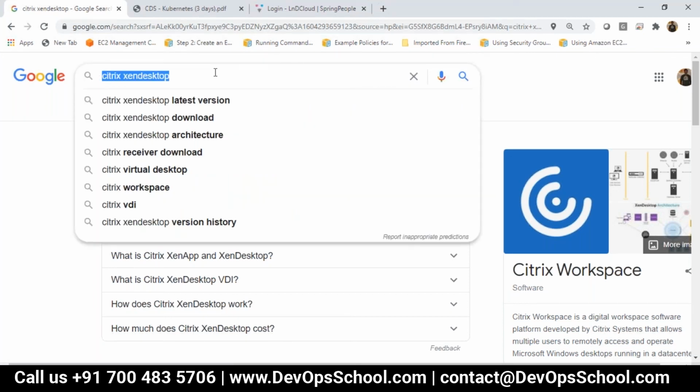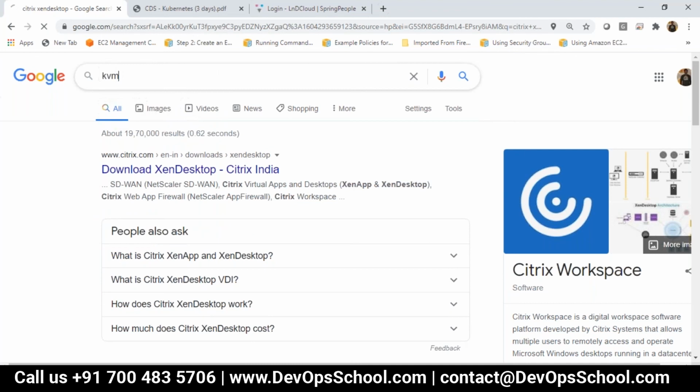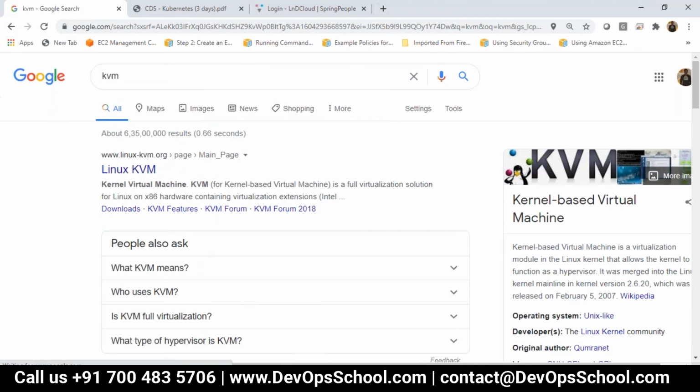And nowadays they have moved to KVM also. Citrix is too costly. Some of the servers are also Hyper-V. Yeah, free of cost. KVM, kernel based virtualization.